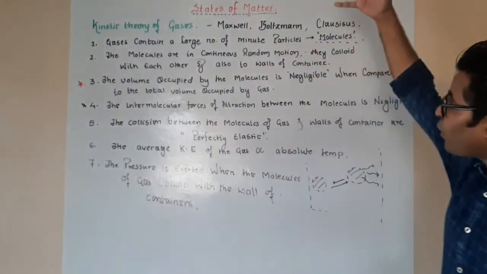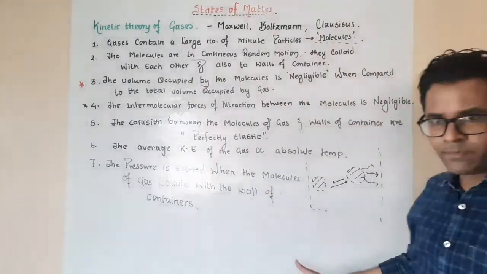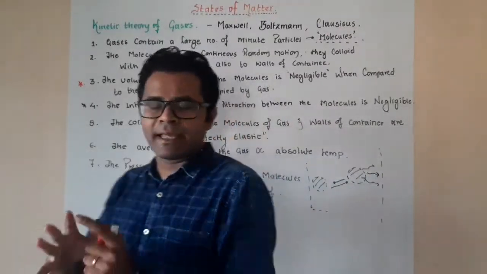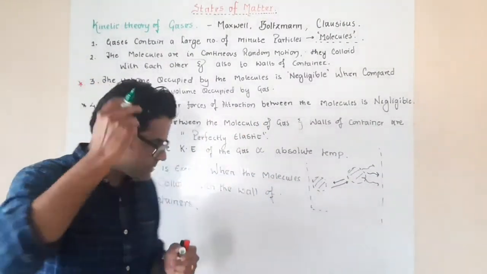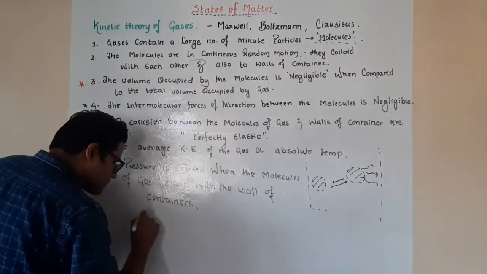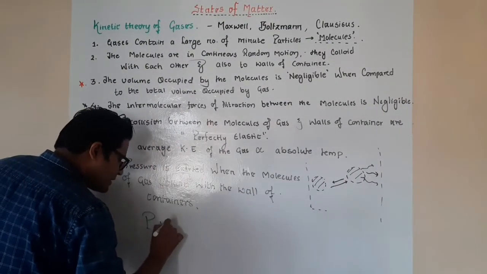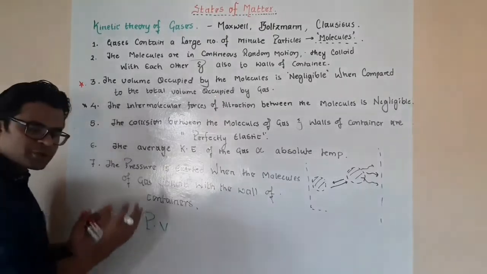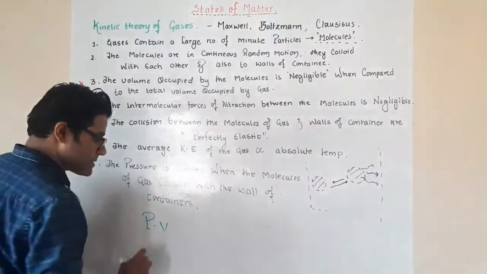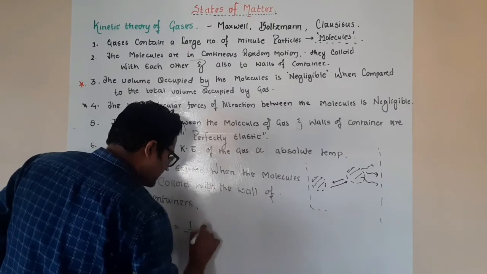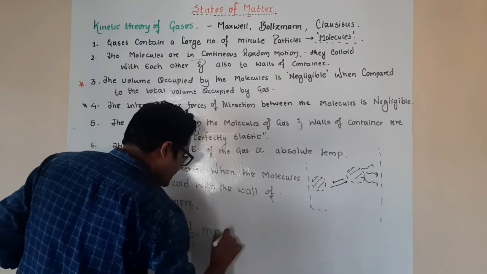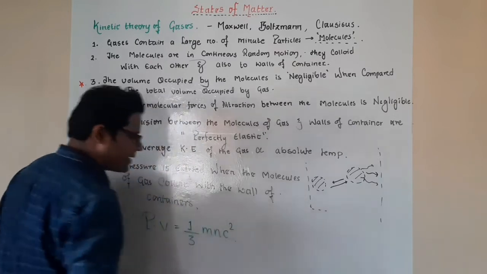Now, taking all of these points, they came across a particular expression, and that expression was given as pressure into volume, P refers to pressure, V refers to the volume of the gas, is equal to 1 over 3 mNc squared.